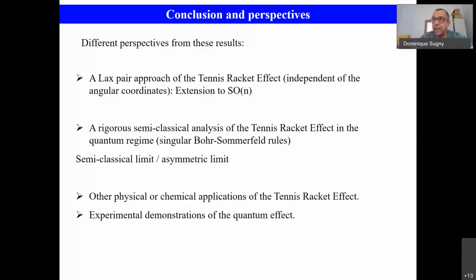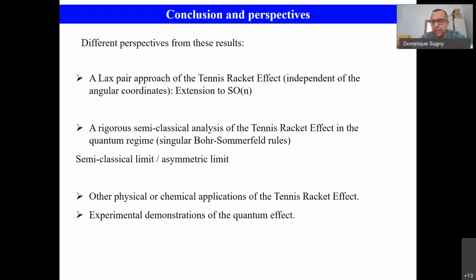With my experimental colleagues, we think we could use linear and circular polarizations for the laser fields in order to induce the rotation around the transverse axis. It's not trivial because we have to induce a rotation in a body-fixed frame and not in the laboratory frame. That is the first problem.